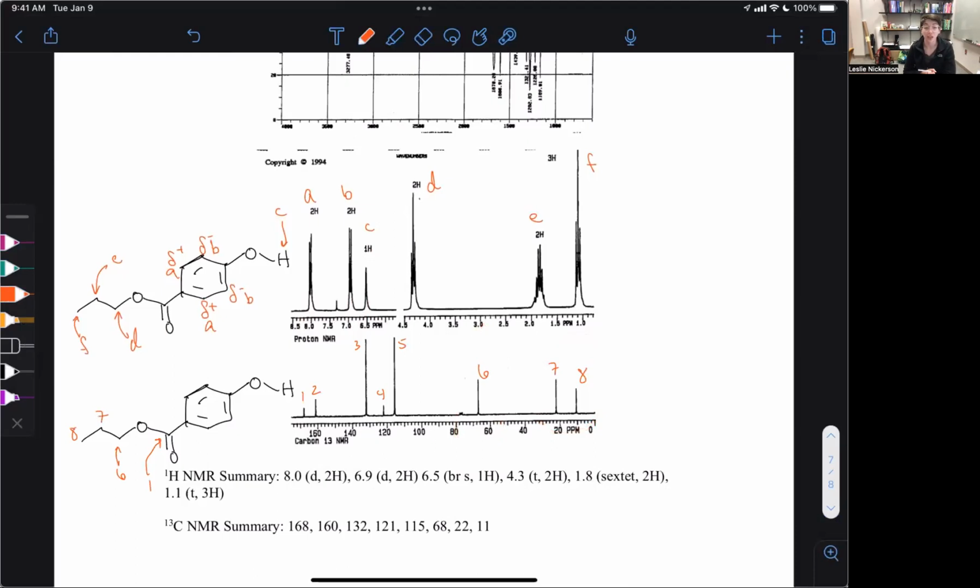And then we need to deal with the carbon peaks in the aromatic ring. So one thing that's a nice little trick here is integrations in carbon do not technically exist, but you can use the height of the peaks to give you a good indication of how many carbons are in that environment.